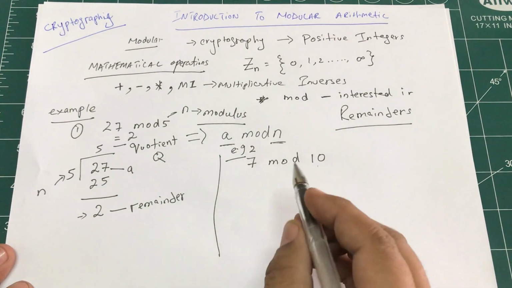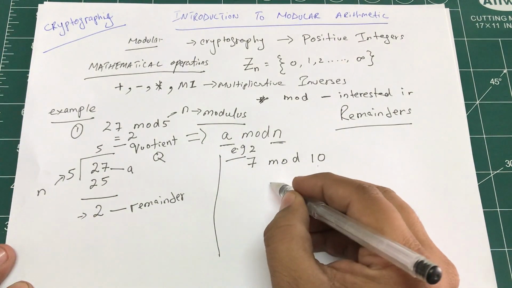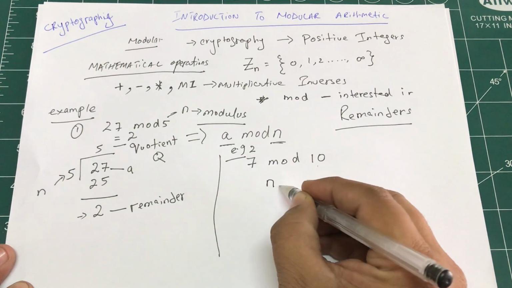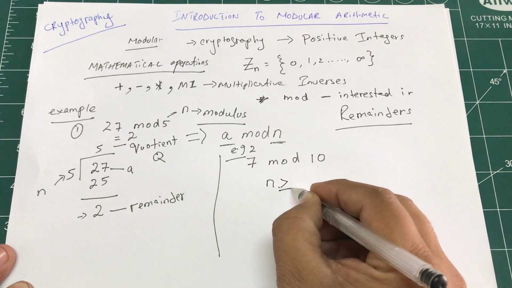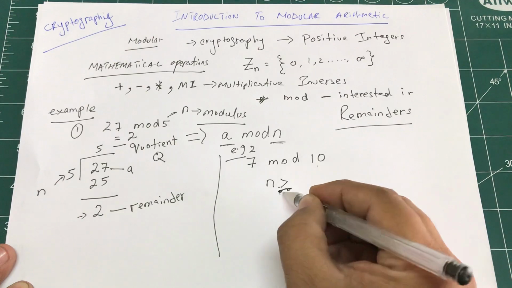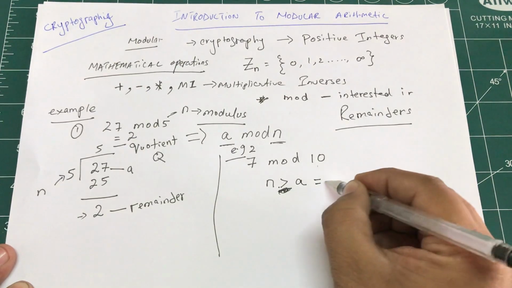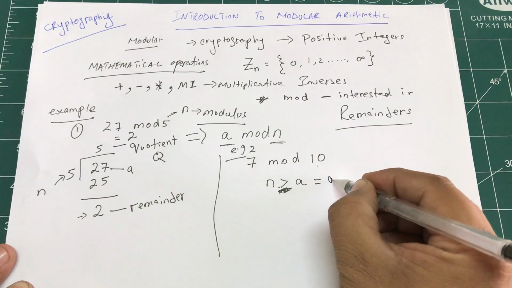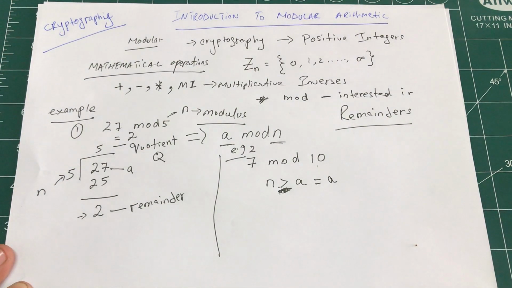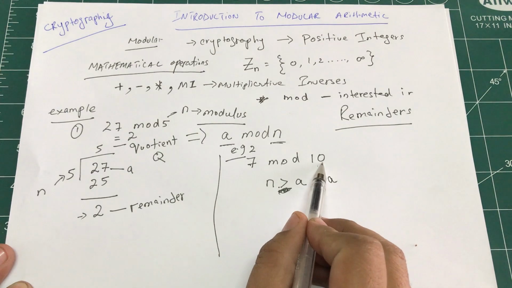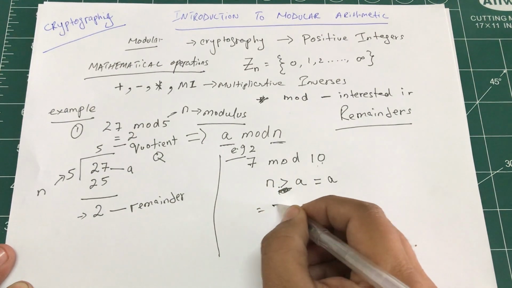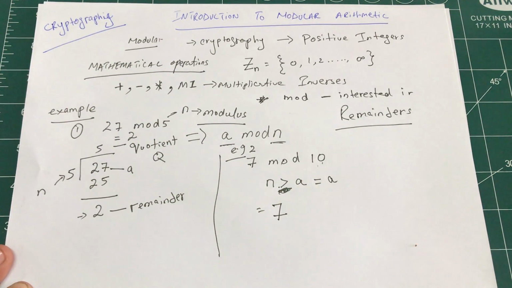The rule is this: when your modulus n is greater than, not equal to, greater than a, you get the same number. The answer is a. So 7 mod 10, you'll get the same number back. The answer for this is going to be 7.